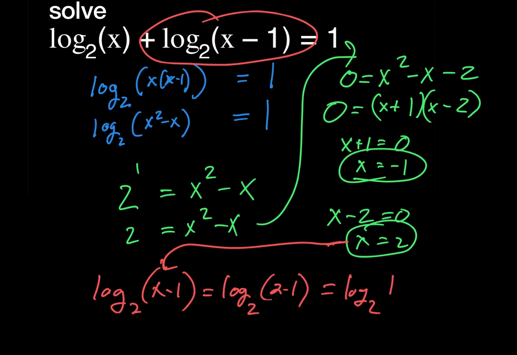So I'm really saying 2 to what power is 1? Anything to the 0 power is 1. So if I would have taken this number 2, put it back in here, this would simplify to 0. This would simplify to 1, and 1 plus 0 is 1.